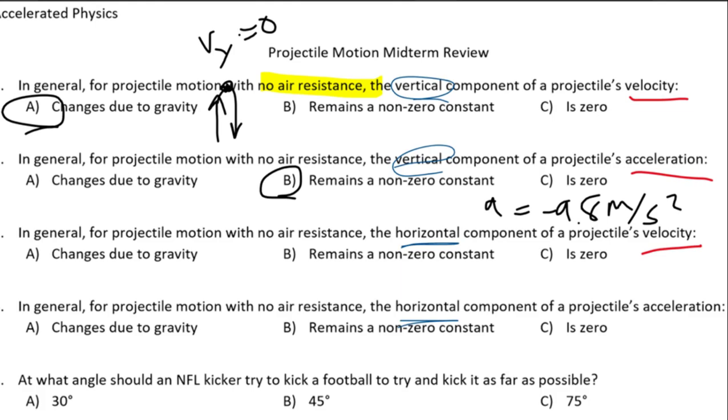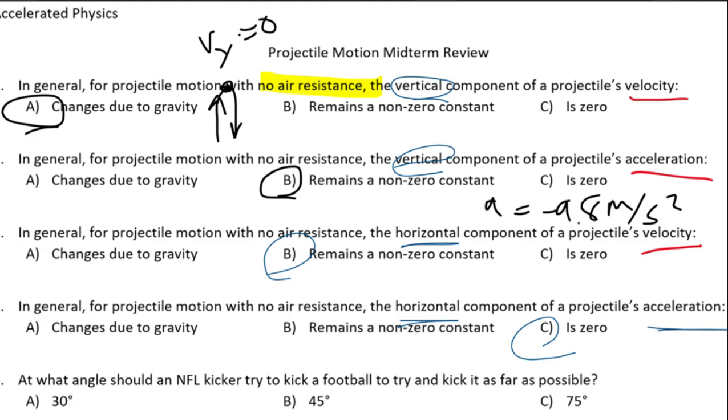So the horizontal component of the projectile's velocity is going to be a constant all the time, because we have no air resistance. So this will remain a non-zero constant. It doesn't change, because the acceleration in the horizontal direction is 0.